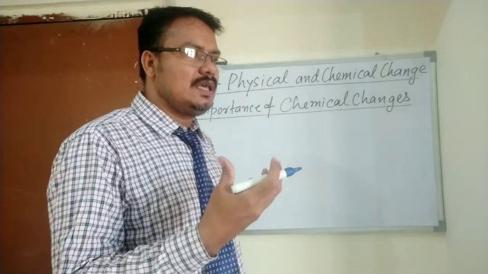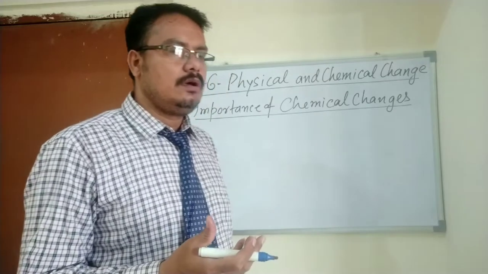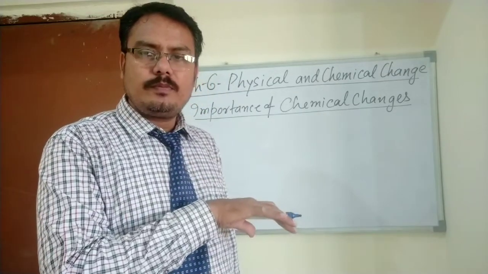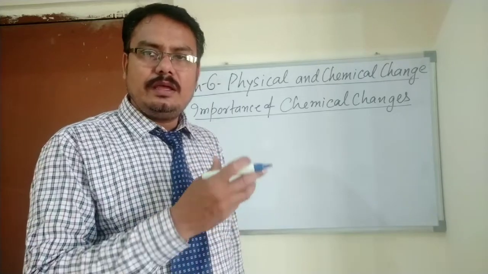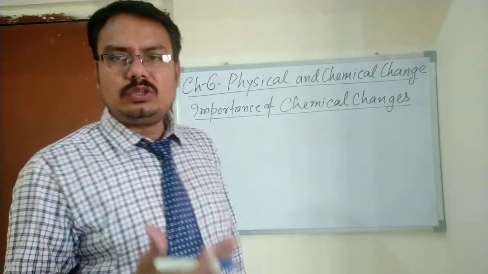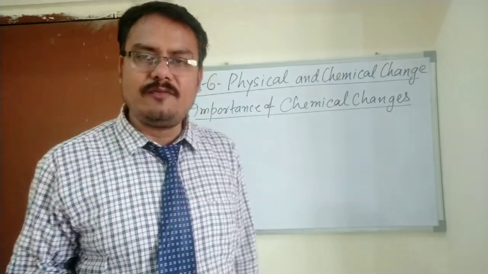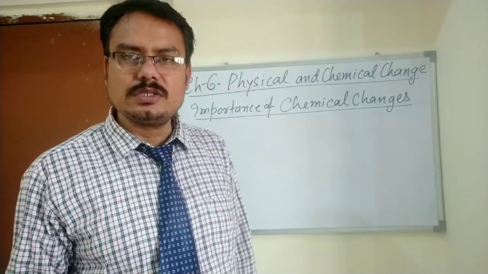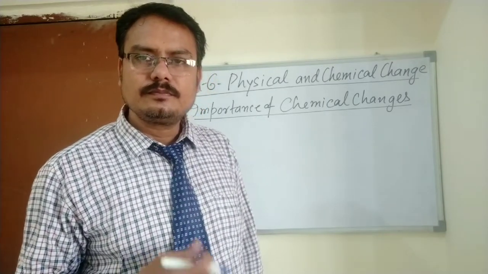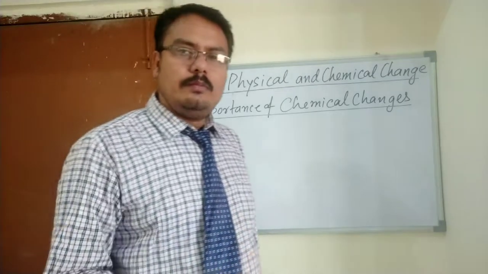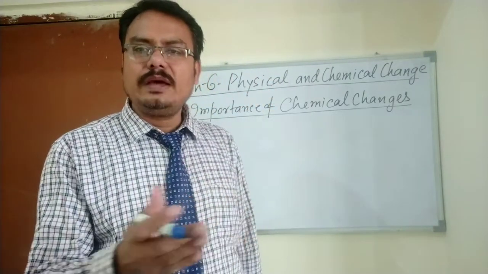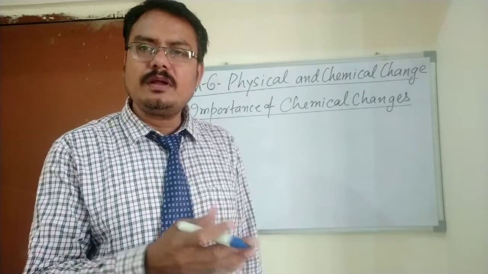Students, whenever new substances are formed from their previous form, when mixed, they get a new form, and the new thing which we use in our daily life is called a chemical change. For example, the medicines which we are using are formed only by a chemical change, by a chemical reaction.